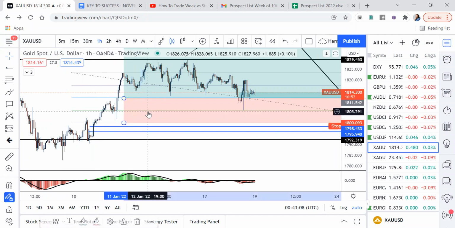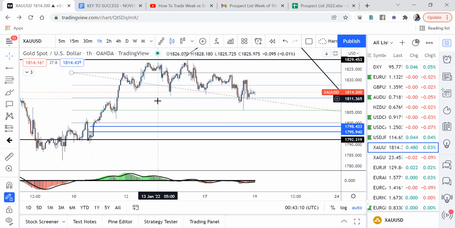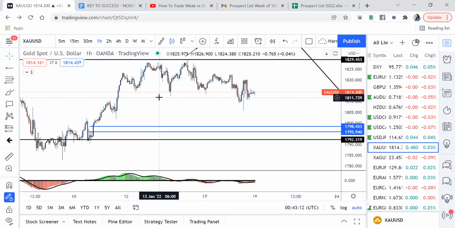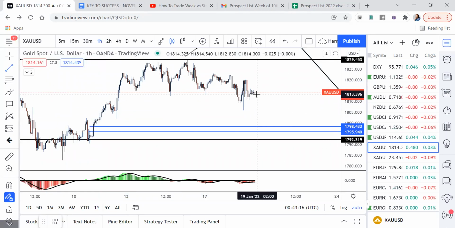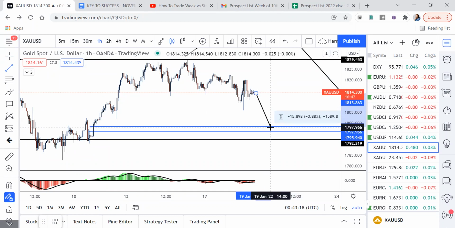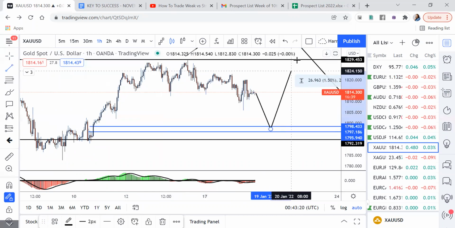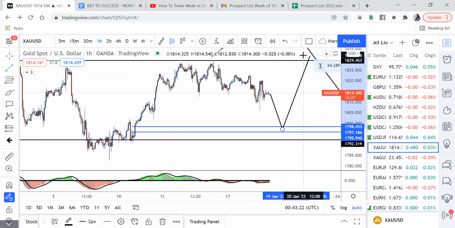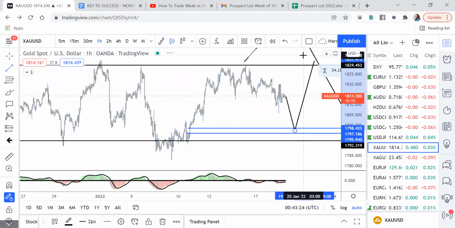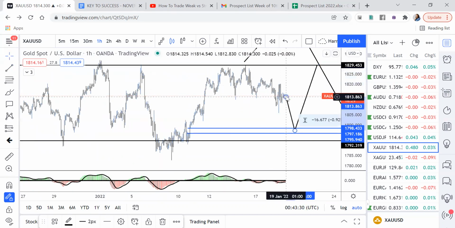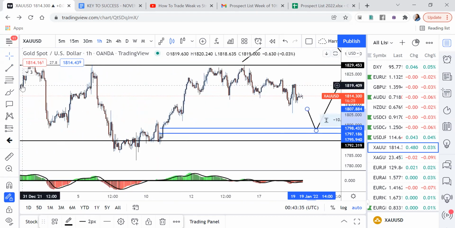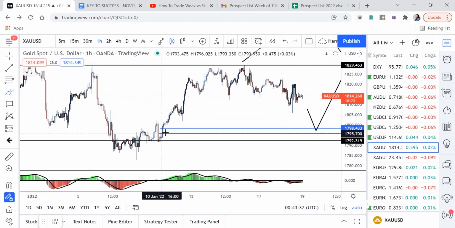What I was saying now is that I could see gold potentially coming here, potentially, before it goes up. Right? That's the move that I see on gold. So I could see gold coming into this imbalance zone here.